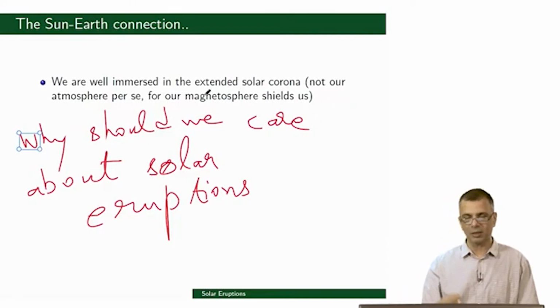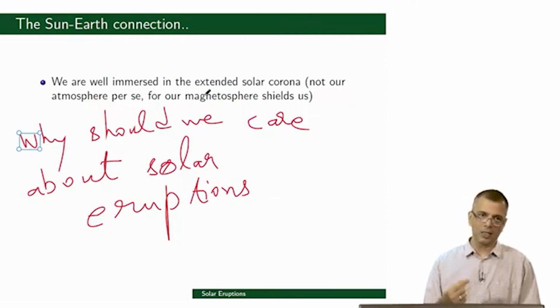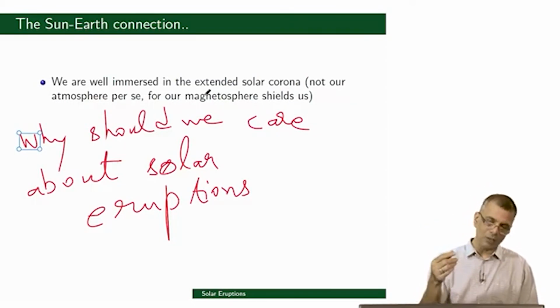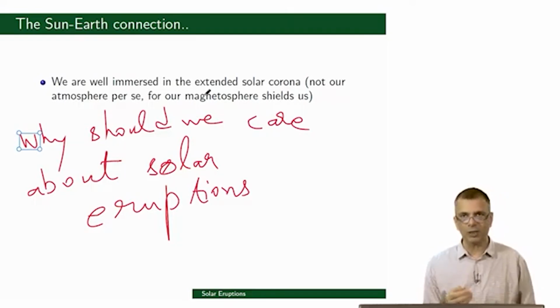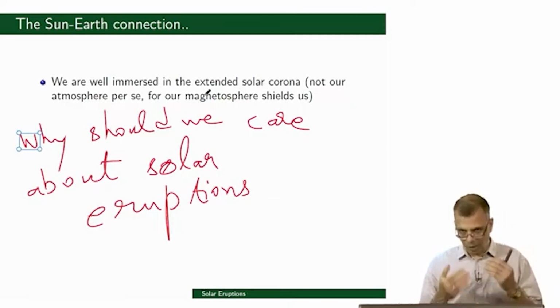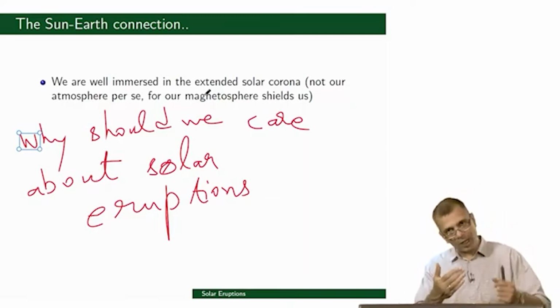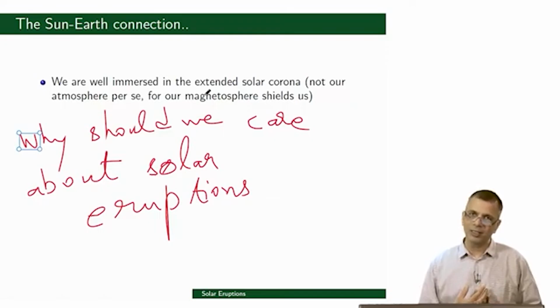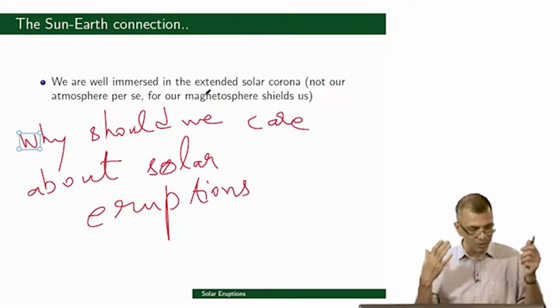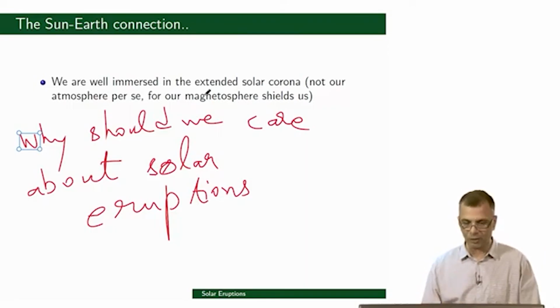As we know, the Earth has a magnetosphere, and charged particles, which is what the solar wind comprises of, do not like to cross magnetic field. So in a sense, the Earth is surrounded by a magnetic shield, and so our atmosphere, the air we breathe, is well below the magnetosphere. But nonetheless, the Earth system as a whole, including the magnetosphere, is very much immersed in the extended solar corona.